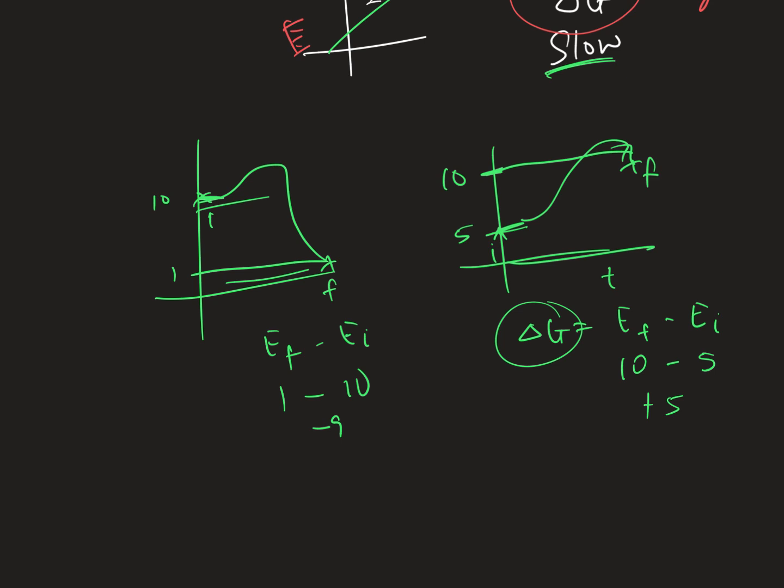Negative 9 is spontaneous. It's not that it's 9, it's that it's negative. Negative is spontaneous. I just picked these numbers out of my head. You don't have to have numbers. Positive is not spontaneous, that's right, non-spontaneous.